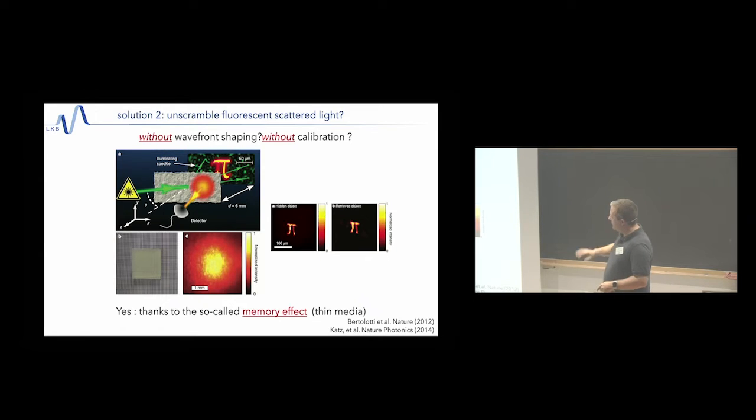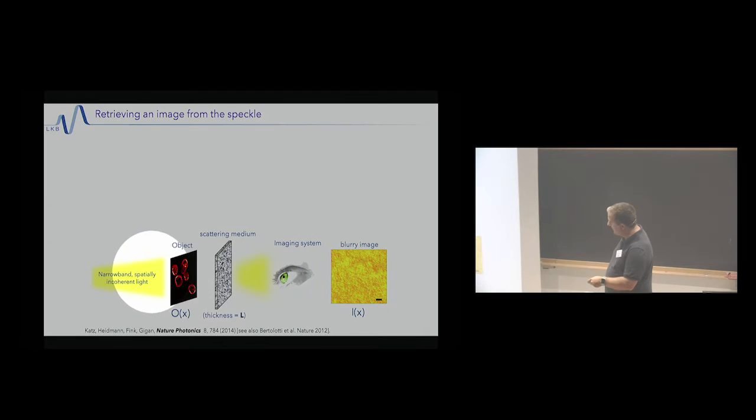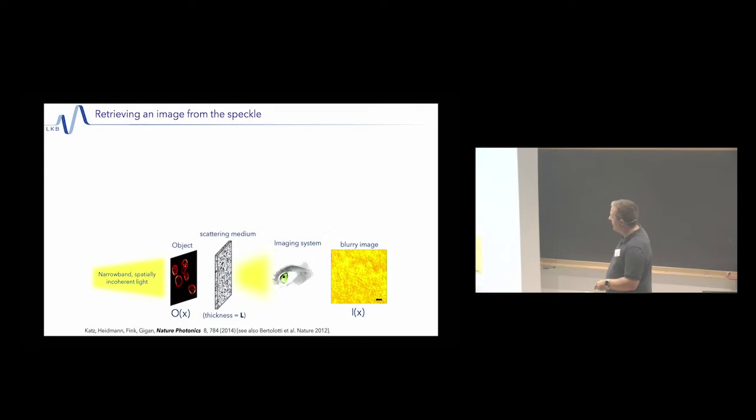I just want to briefly walk you through the approach and the follow-up paper that we did with Ori and Mathias at Institut Langevin. We have a fluorescent object illuminated by a narrow band, incoherent light, and the light from this object goes through the imaging system, and I will get this blurry image.